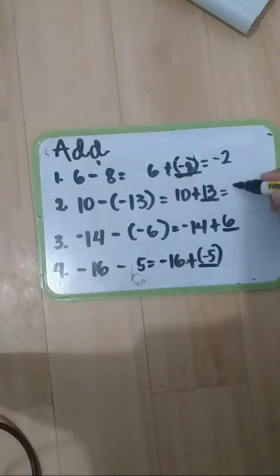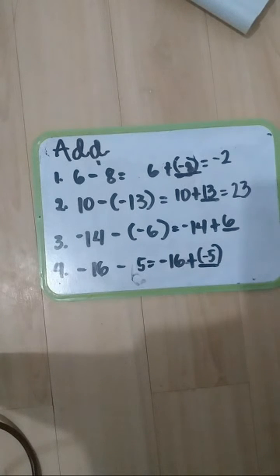Okay, 23. Number 3. Negative 14 plus 6. The answer here must be negative, then ima-minus mo ang 6 kay 14.